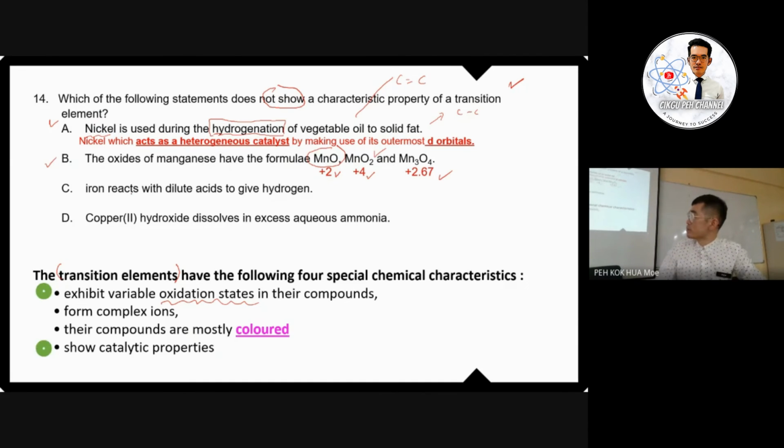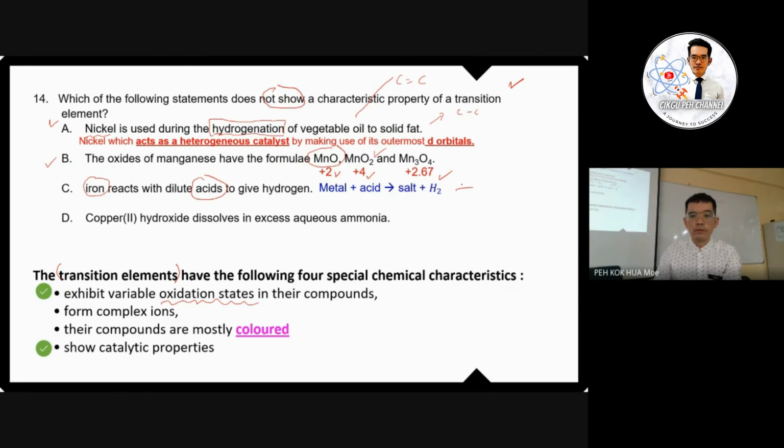So for C, iron reacts with dilute acid to give hydrogen. Iron here is actually a metal, and the reaction with acid will release hydrogen. So metal plus acid becomes salt and releases hydrogen.